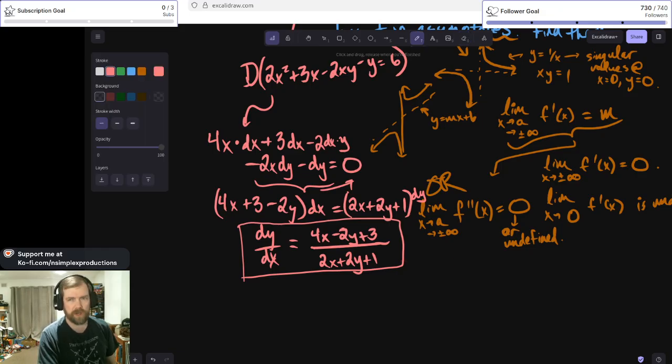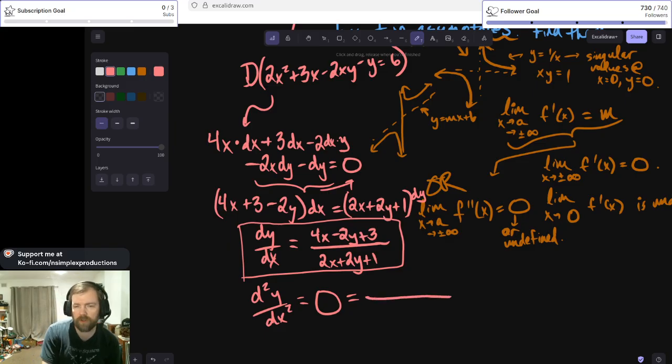That is why we really need to take the second derivative of this, and then set it equal to 0. So we're going to take the derivative of the top, and we get 4 dx. This is going to be gross. Actually, that's just 4 because it's with respect to x on the other side.